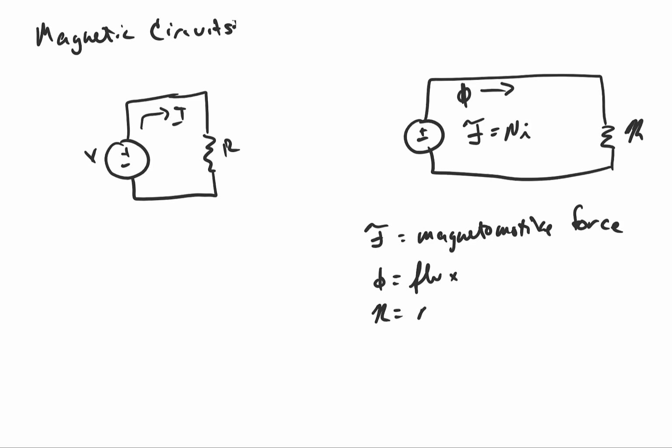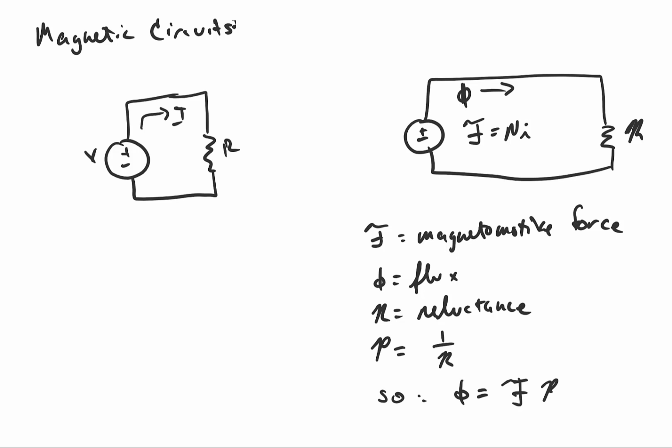And R is the reluctance. And then if we wanted to talk about the permeance, P, that would just be 1 over the reluctance. So from this, we can write the equation phi is equal to FP. So similar to our Ohm's law.